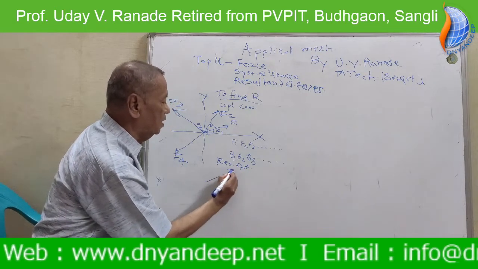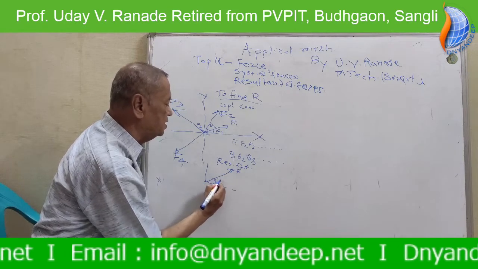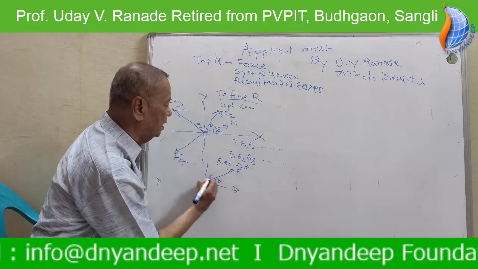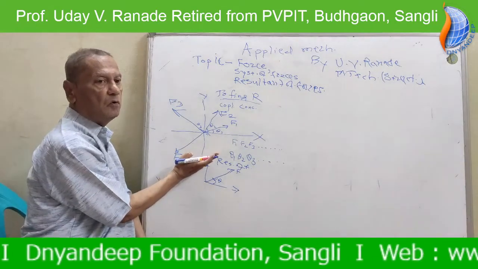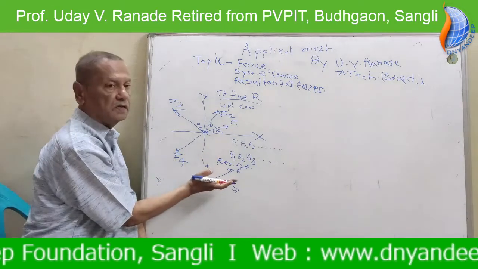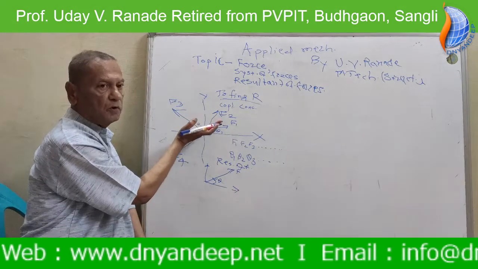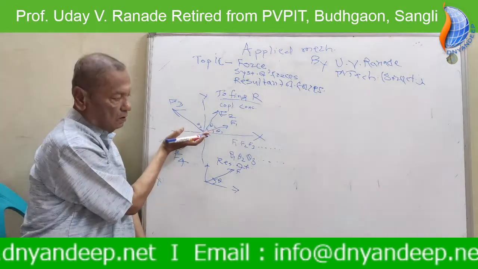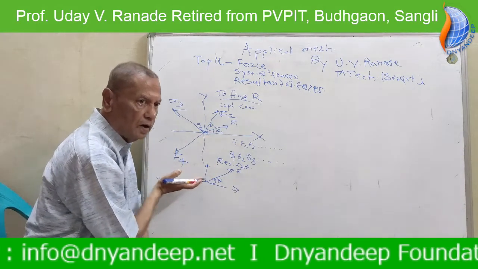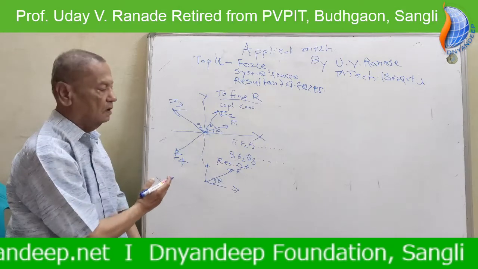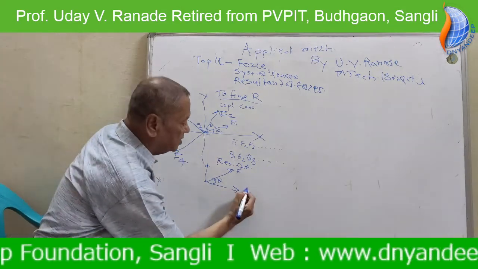If F is the force and theta is the angle, then we have to resolve every force along the x-axis and along the y-axis. We are making all forces, by the resolution of force theory, all along the x-axis and all along the y-axis. So how? Theta is the angle.